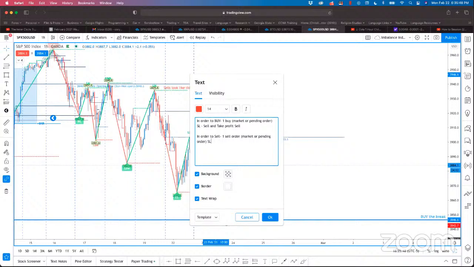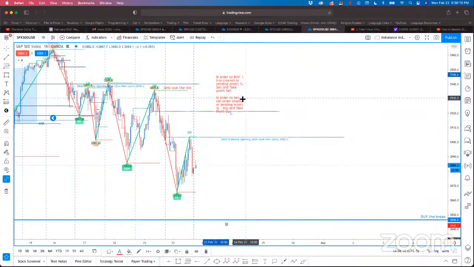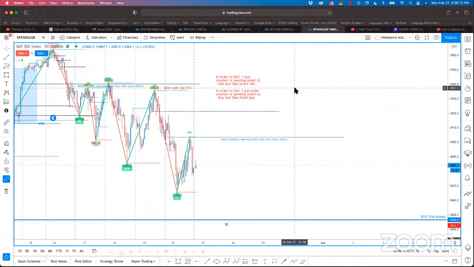Then for the stop loss, it is a buy order. And for the take profit, it's also a buy order. So every time you take a sell, this is what your order looks like, right? Every single time you take a buy, that's what your order looks like.